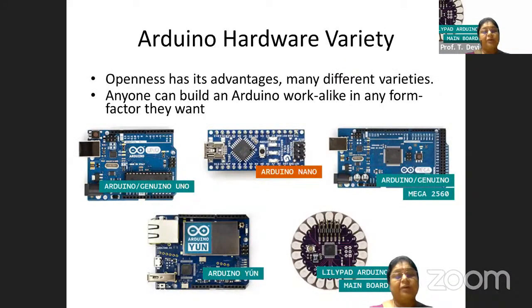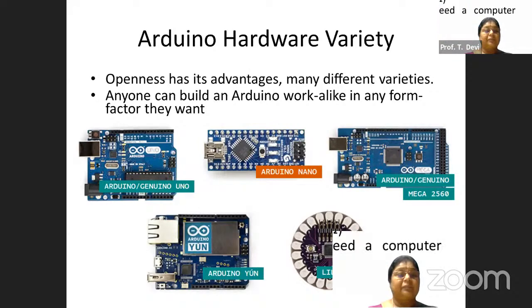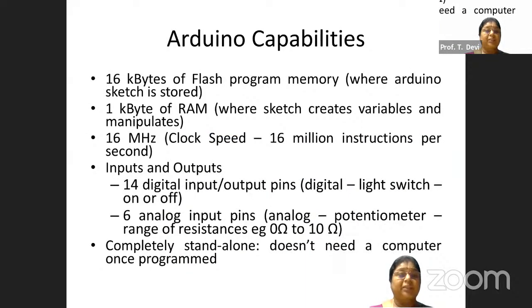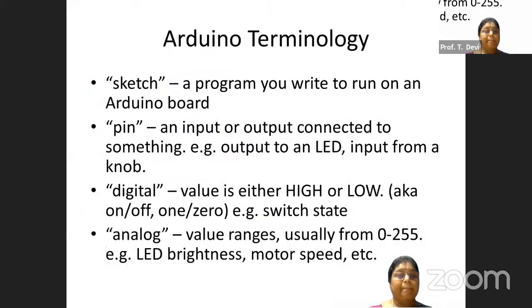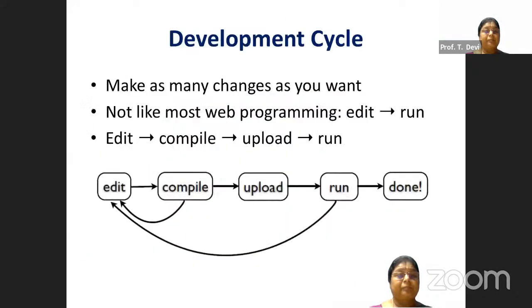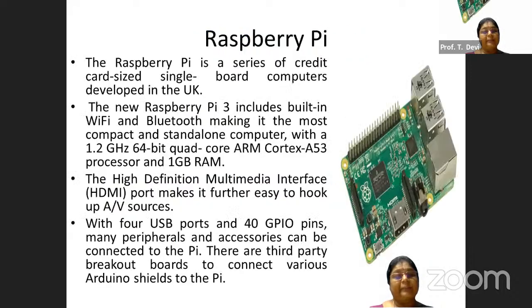There are varieties of Arduinos available: Arduino Nano, Arduino Uno, and Arduino Mega, and so on, depending on the capacity of the storage and the processing, the memory, and clock speed. The development cycle of an embedded program using Arduino is edit, compile, upload, and run.